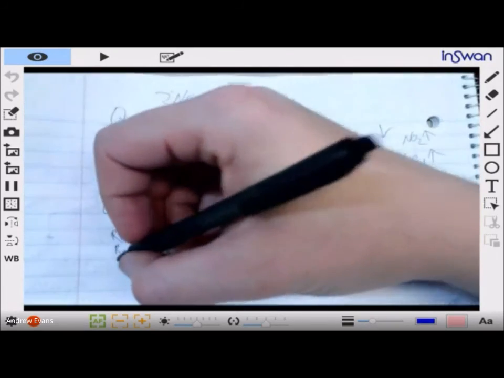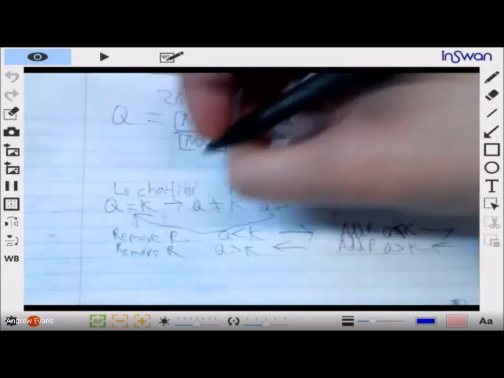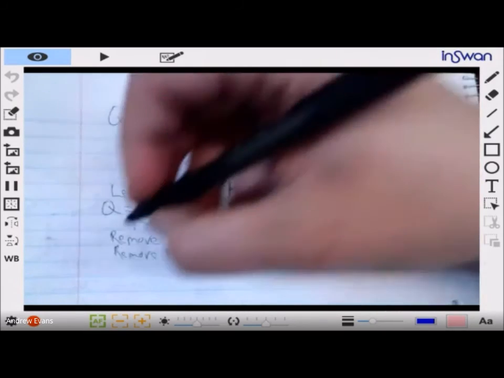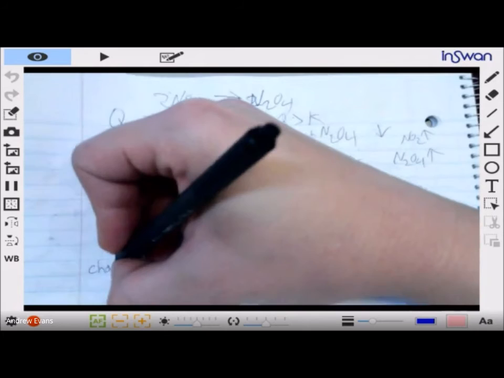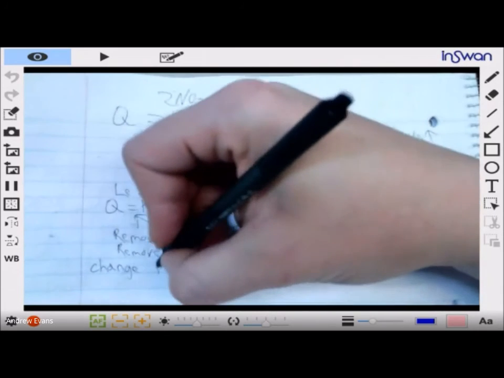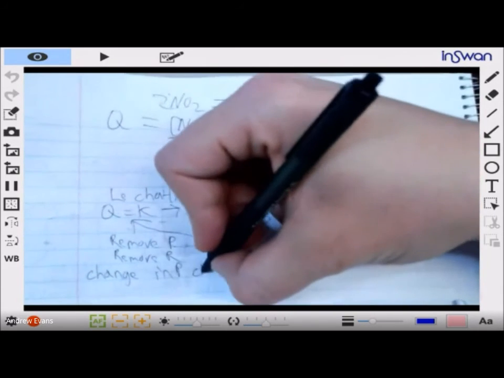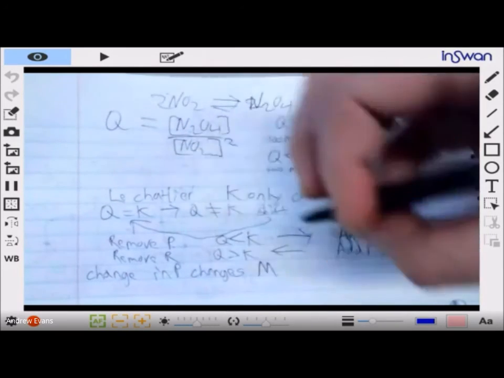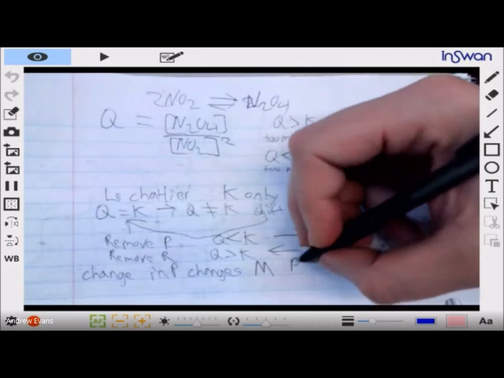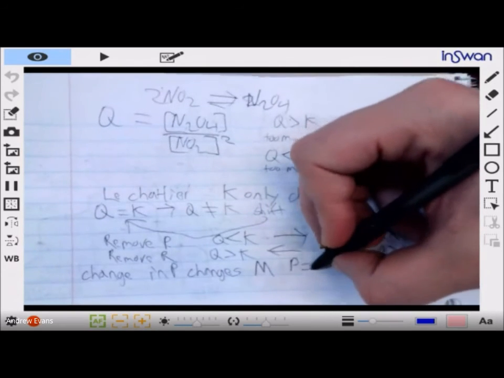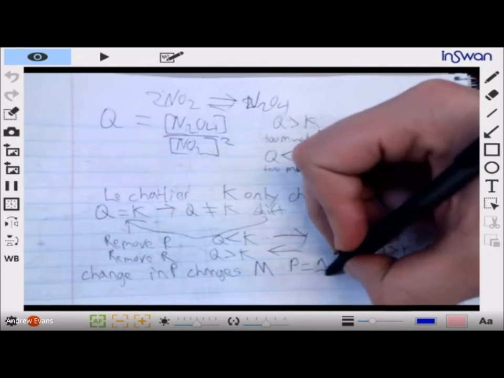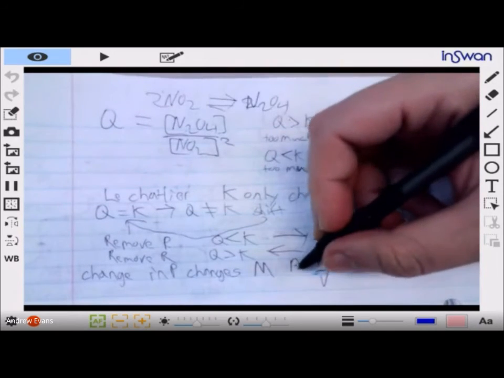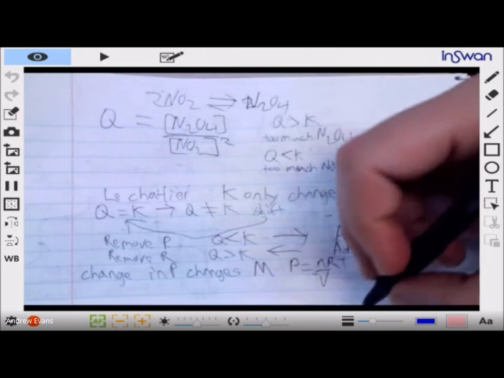We could also treat it with pressure. Change in pressure just changes concentration, because pressure is equal to nRT over V. The moles aren't going to change, but the volume will.